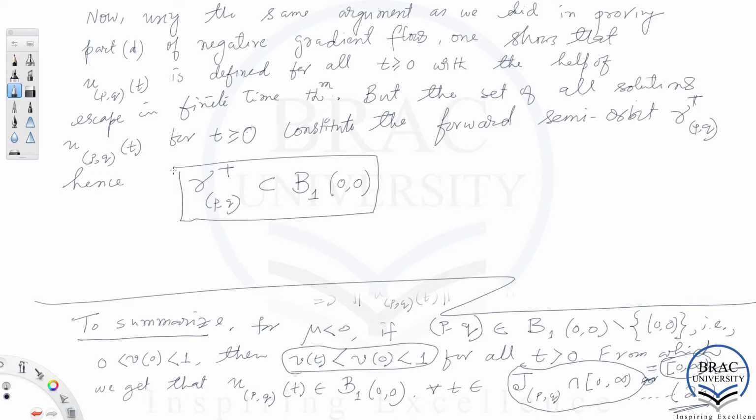Okay. So if you want to draw a picture, then try drawing this ball first, which is B1 0, 0. This is the origin 0, 0.